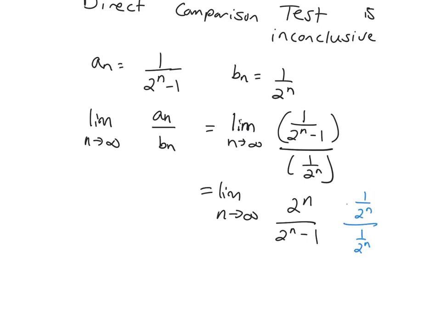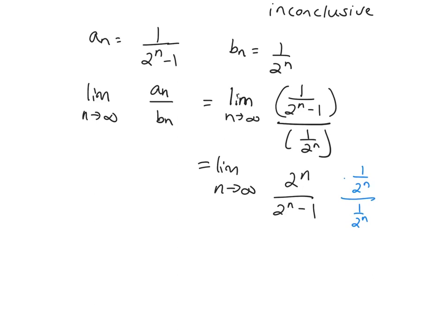So all I did was multiply by 1 here. And that's going to give me 1 for the numerator. And I've got to distribute that to the terms in the denominator, 1 minus 1 over 2 to the n.